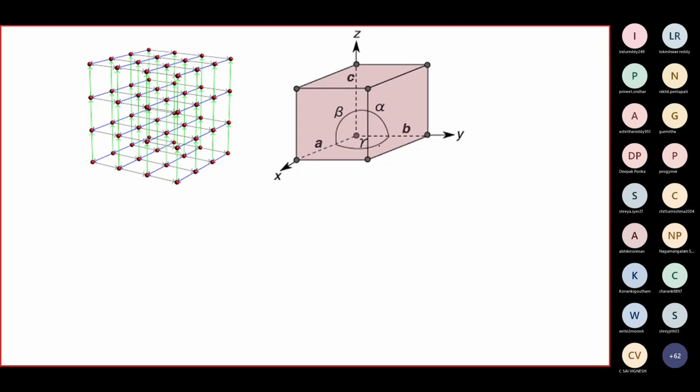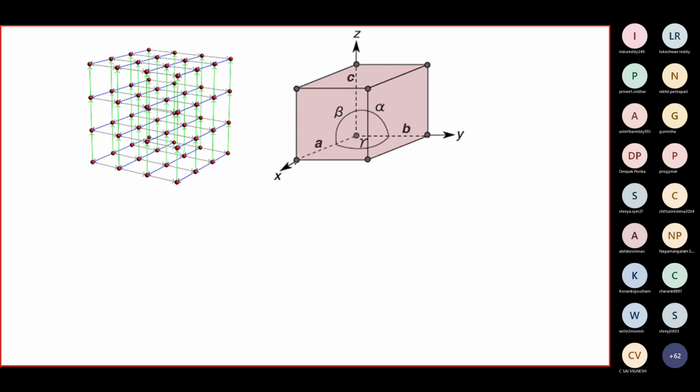So this is the simplest geometrical structure, which is symmetric. Let's say this is the x-axis, this is the y-axis, this is the z-axis.